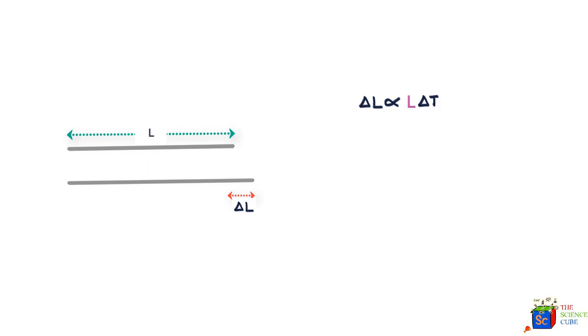But if we convert this into an equality by putting a constant, what you get is this, where alpha is called the coefficient of linear expansion, and it's a property unique to a metal, and its units are per degree centigrade or per Kelvin, and depends on the material that is undergoing expansion.